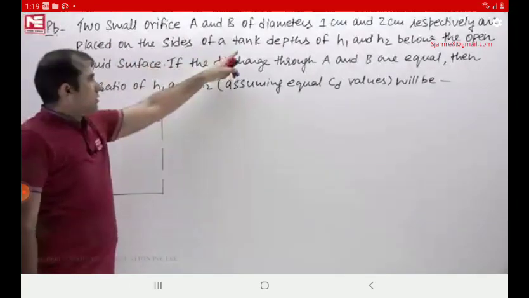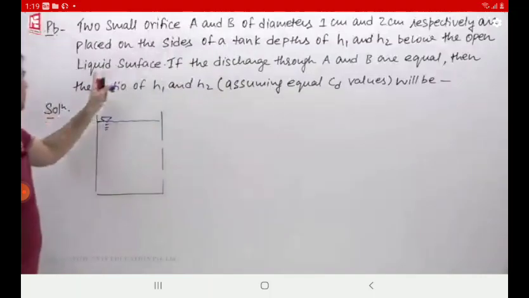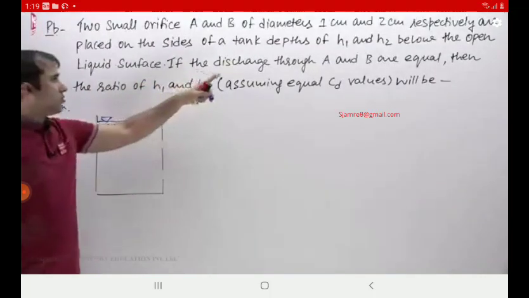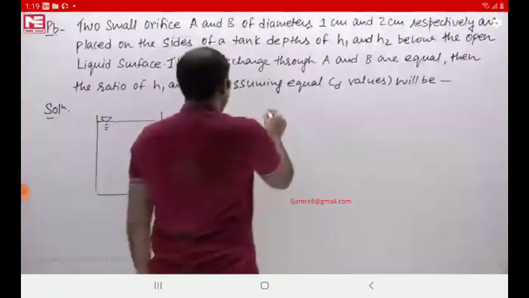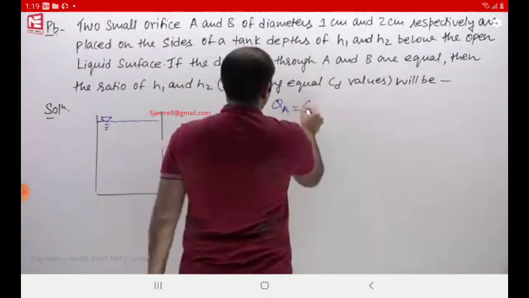Placed at the sides of a tank at depths H1 and H2 below the open liquid surface. If the discharges through A and B are equal, both discharges are the same. That means QA is equal to QB.